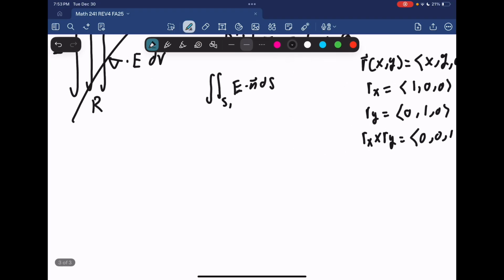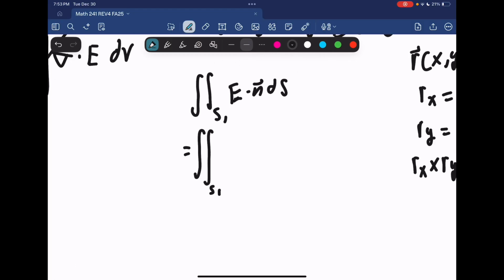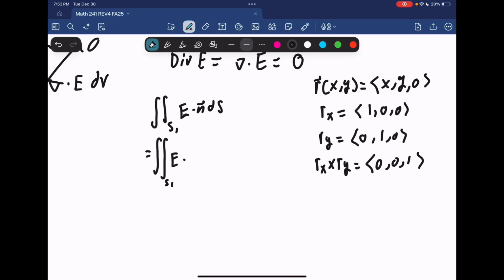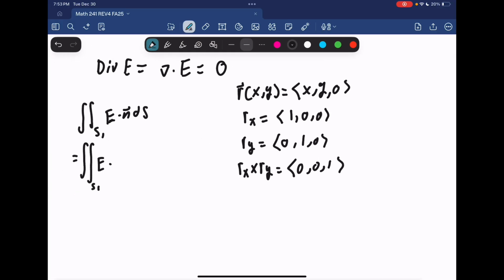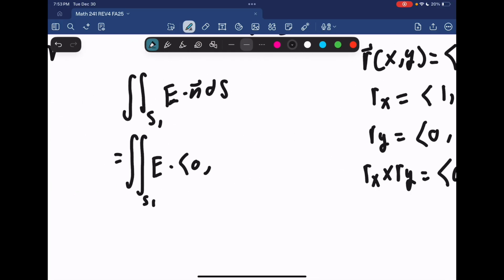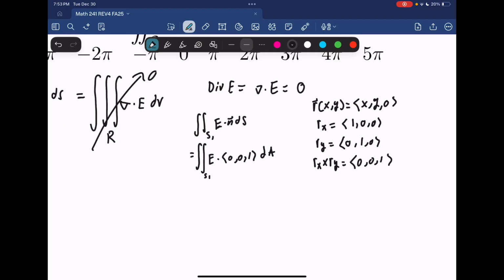Okay. So now this is equal to the double integral over S1 of E dot our normal, which is 0, 0, 1. I guess we'll keep it as dS. Actually, it'll be dA now, the area.